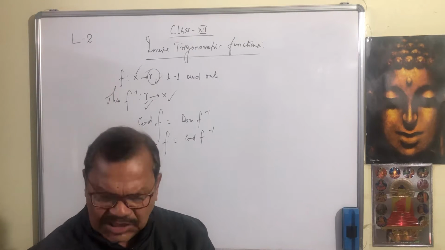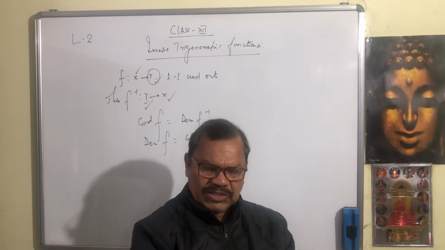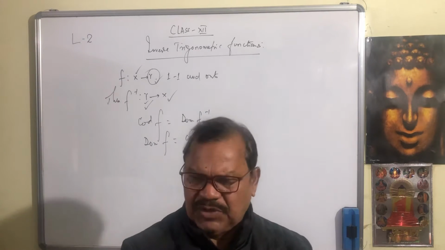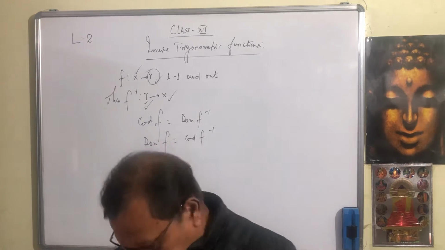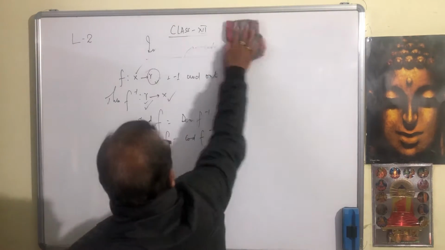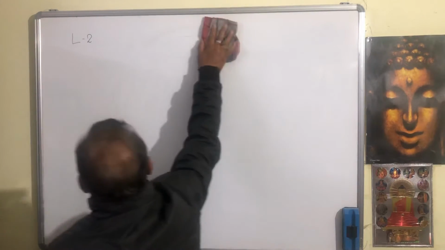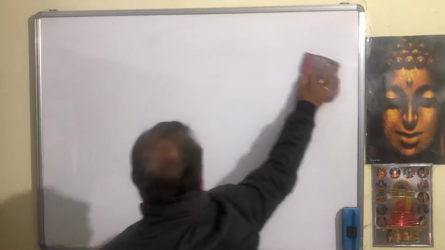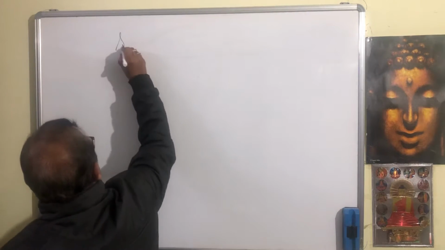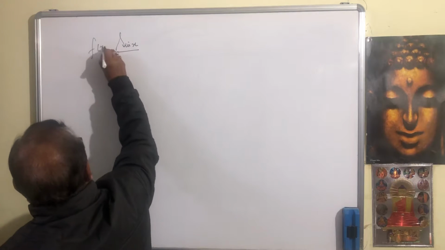So domain and codomain play a very important role in finding the inverse. So let us first study all the trigonometric ratios: sin x, cos x, tan x, cosec x, sec x and cot x. Let us begin with sin x. Now sin x, as you know, is a function f(x) = sin x.